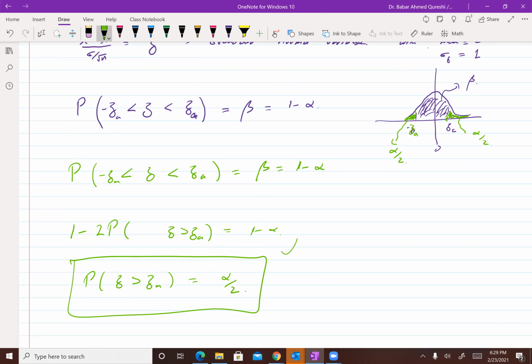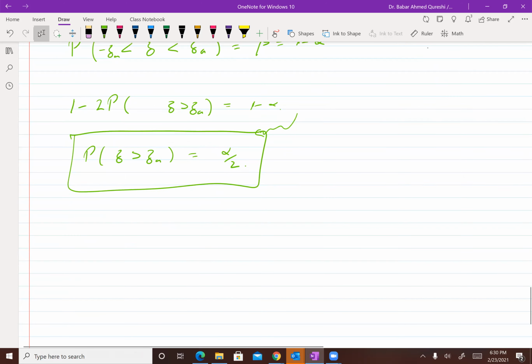This I can get from this equation, so that the probability of Z being more than this is this tail, alpha by 2. So this critical value, let's call it Z alpha by 2, where alpha is just equal to 1 minus beta.